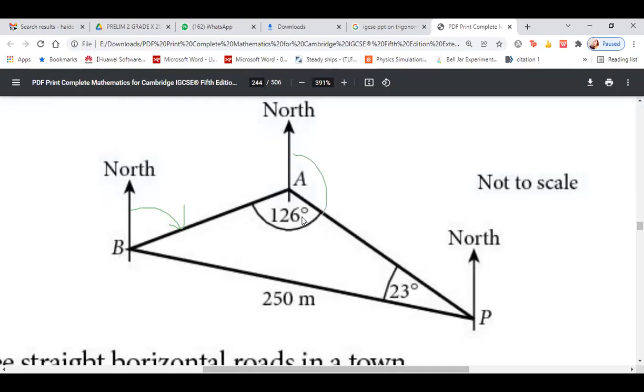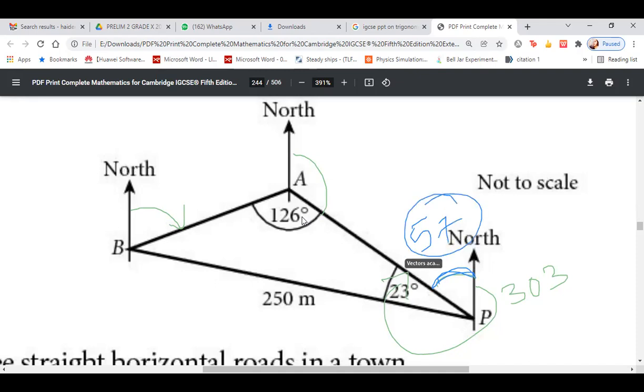Since this whole thing is 303, this part over here would be 360 minus 303, which is 57.